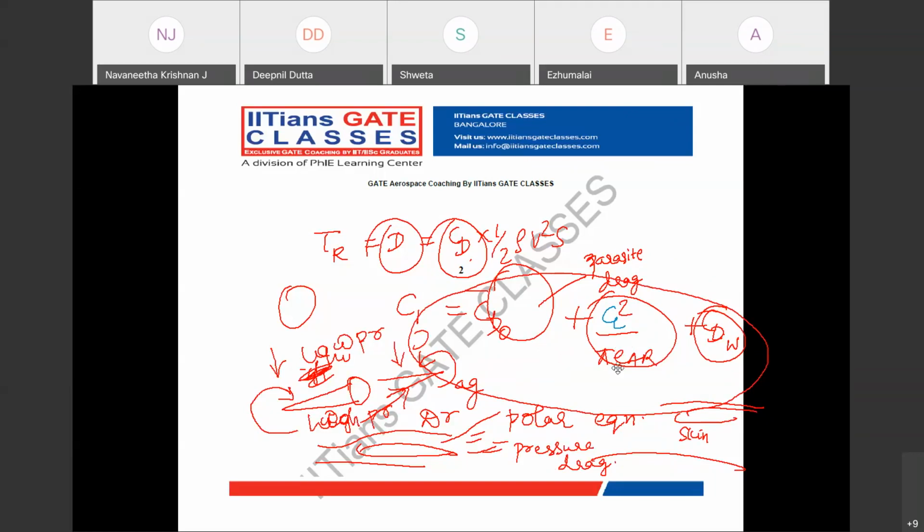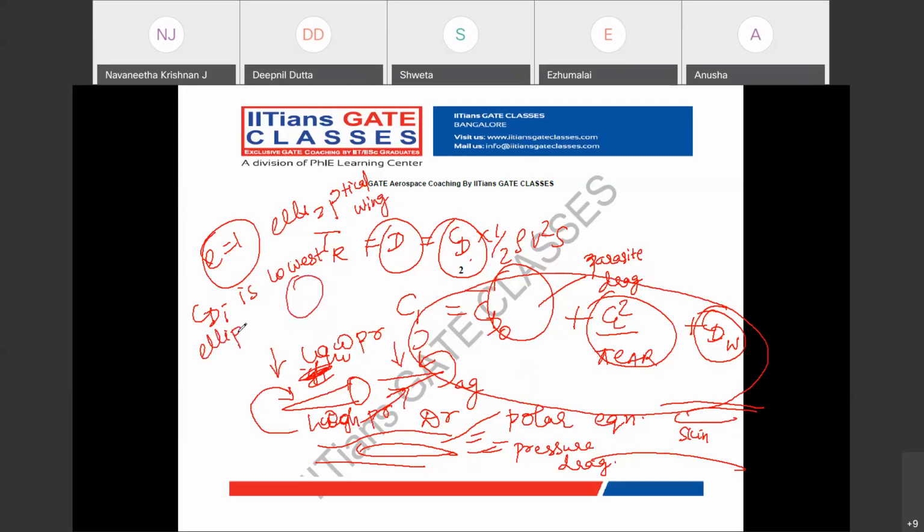First, Oswald lift deficiency factor. E is equal to 1 for an elliptical wing platform. So induced drag is lowest for the elliptical wing, or elliptical lift distribution.